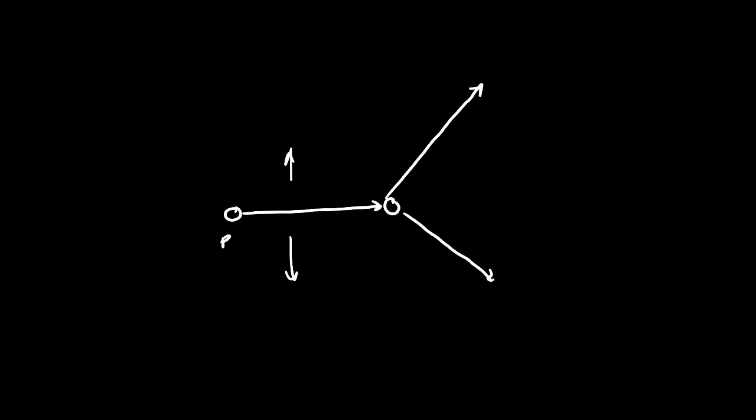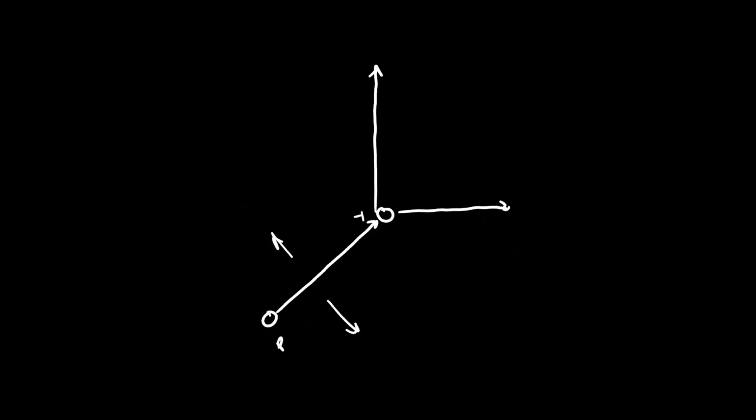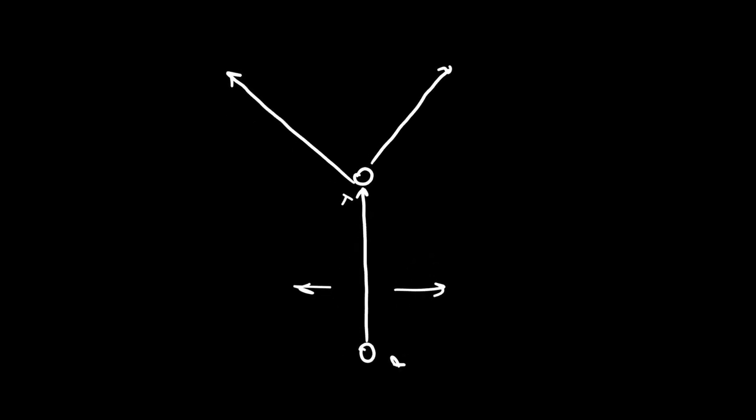There was none, which means that after the collision, the momentum that is not aligned with the y direction on the board, there was no x momentum, which means that if I look at the x momentum of each ball, they should be equal and opposite.